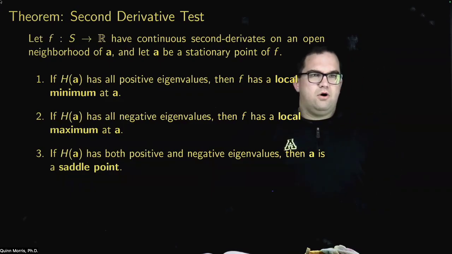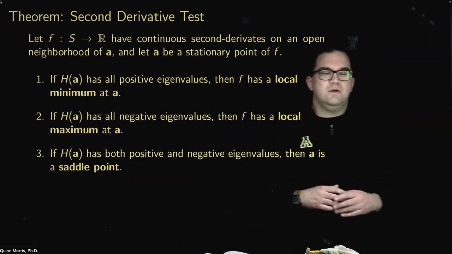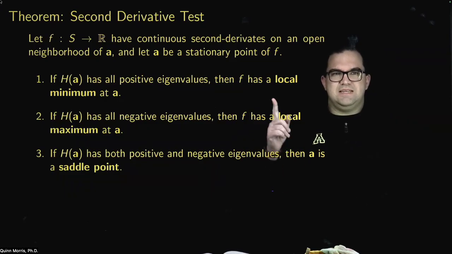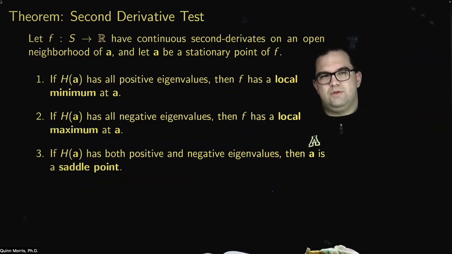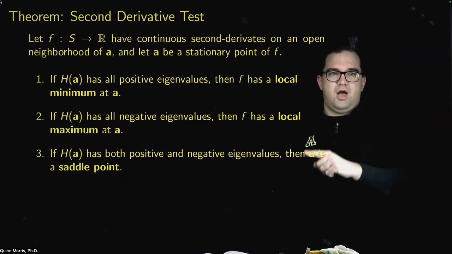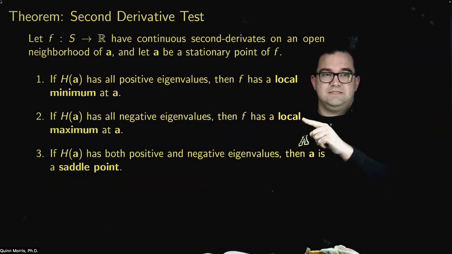You might look at this and think, great, this tells us exactly what happens. Well, not exactly, because this doesn't tell us anything about what happens when we have 0 eigenvalues. So if we have all 0 eigenvalues, we're not in any of these cases.